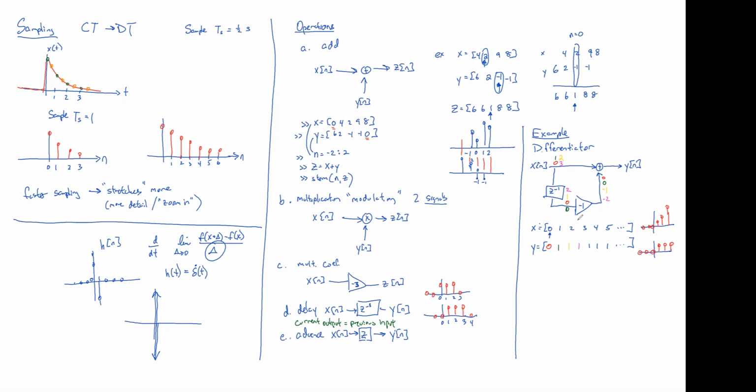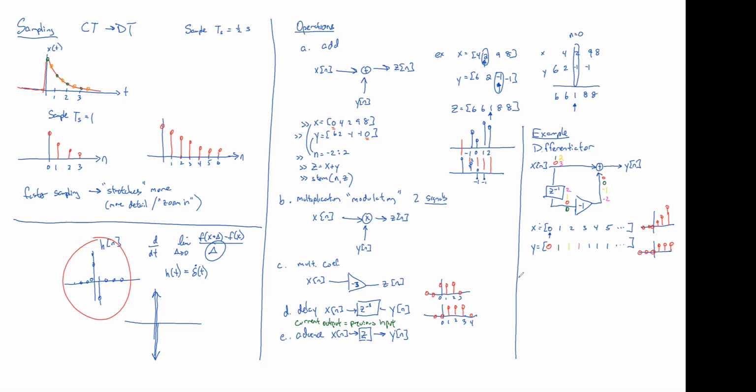And if you want to see what its impulse response is, you could instead feed it an impulse. And if you fed it an impulse, you would get this diagram over here, which is the impulse response of a discrete time derivative function. Okay, that was a lot of stuff.